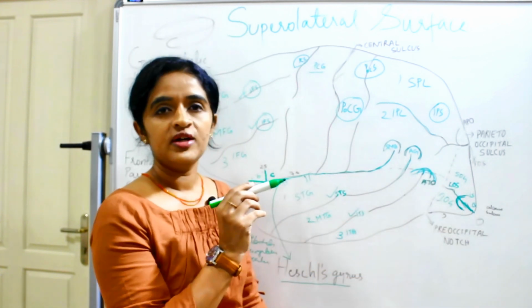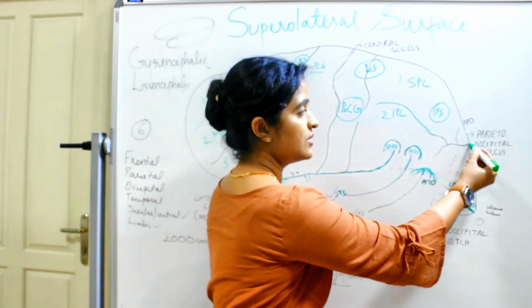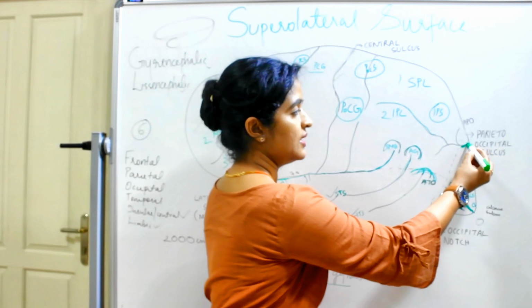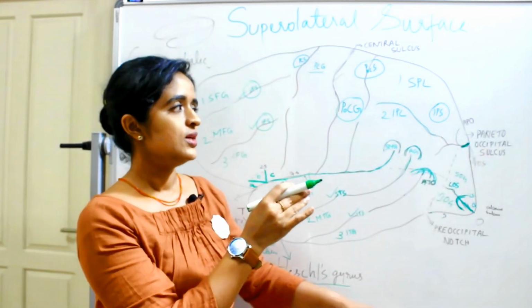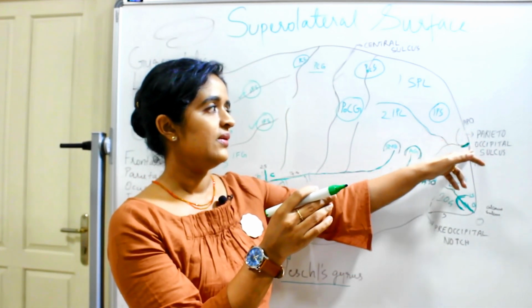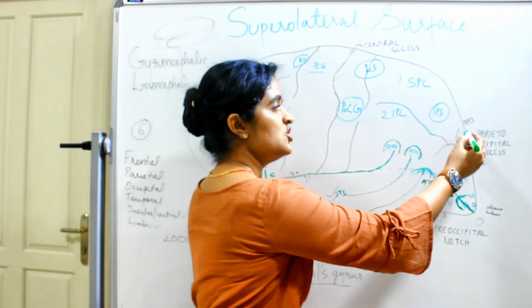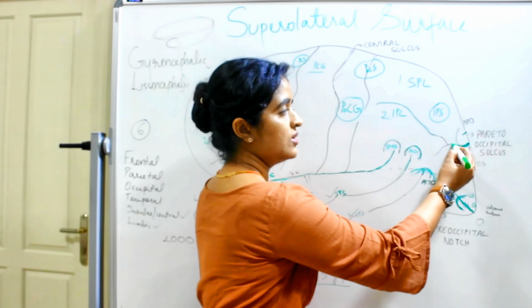Now at this point I would like to add one more important sulcus, that is known as the transverse occipital sulcus. Okay, this is the transverse occipital sulcus. Just like the horizontal sulcus, we have the transverse occipital sulcus just behind the parieto-occipital sulcus, horizontally running.